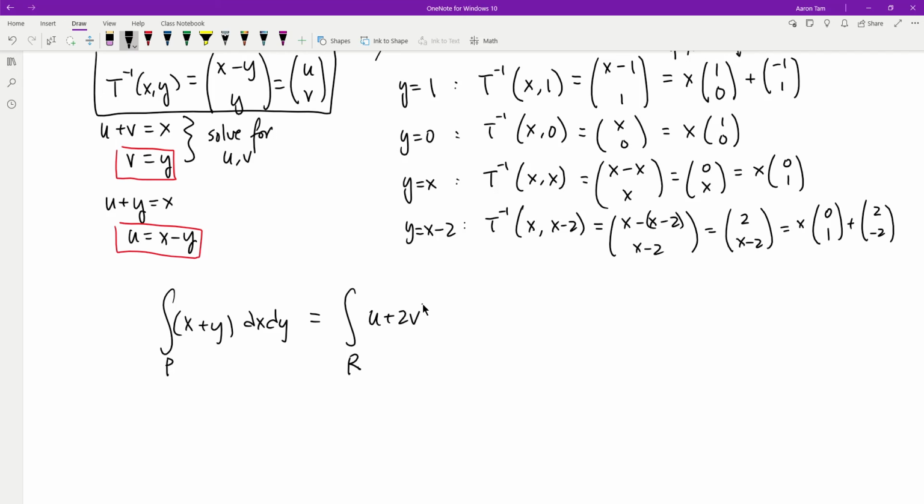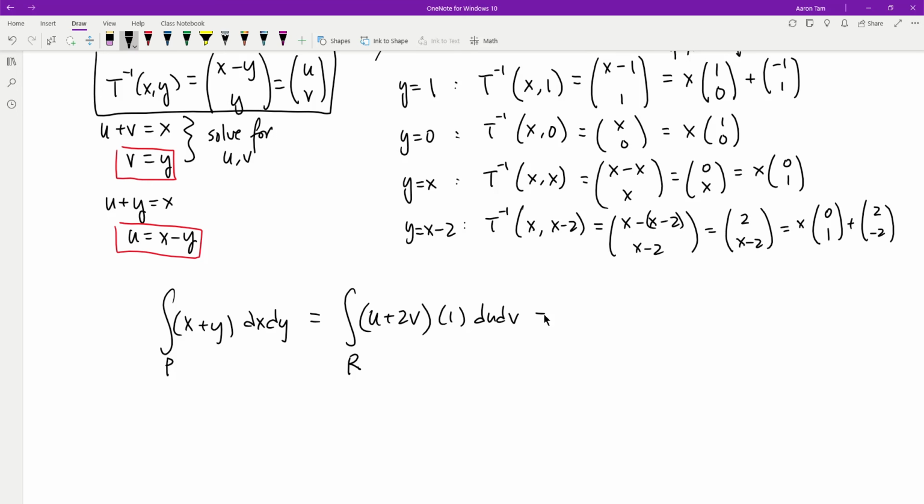And then dx dy actually turns into 1 du dv. And yes, I don't have to write a 1 there, but I'm just going to do that to show you that that's something that had to happen there. In this case, it just happened to be 1, so we don't technically have to write it.